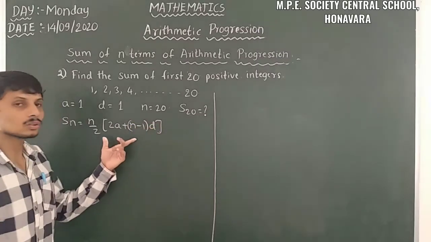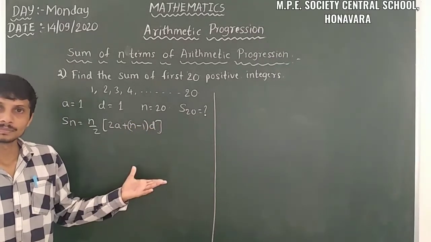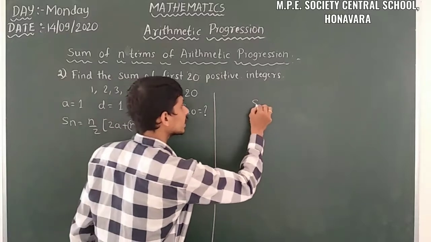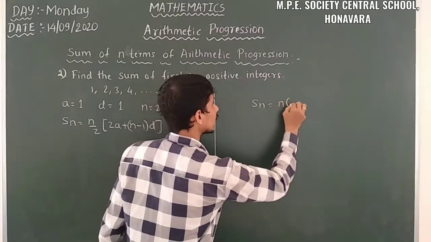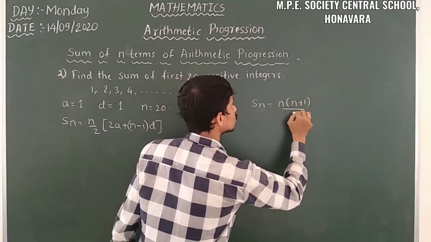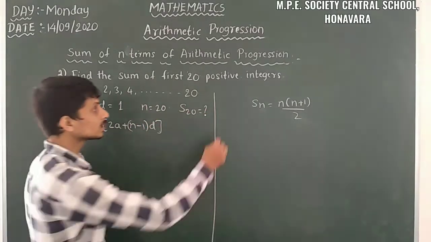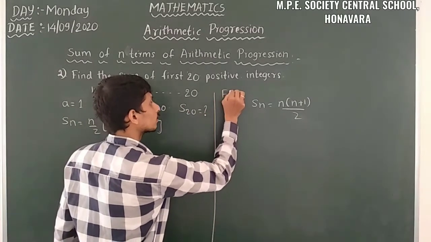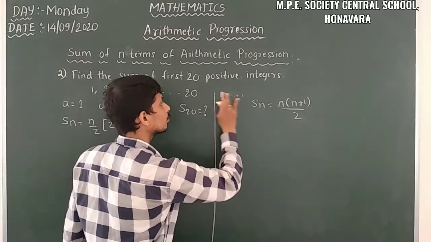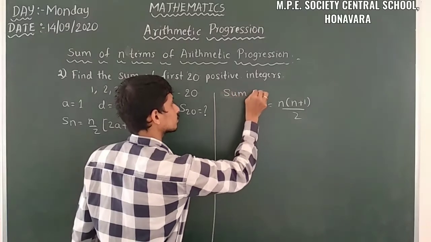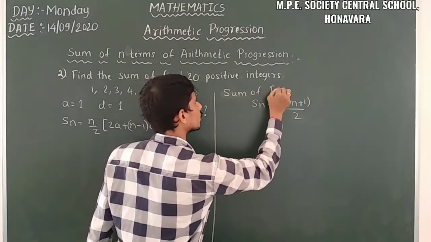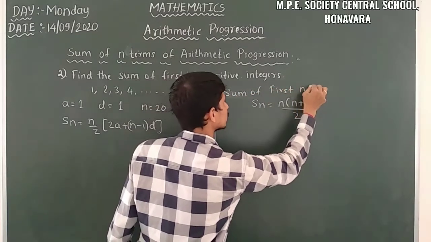So this is possible. And another formula is that Sn is equal to n into n plus 1 divided by 2. From both we can take. Here it is meant for the sum of first n terms.